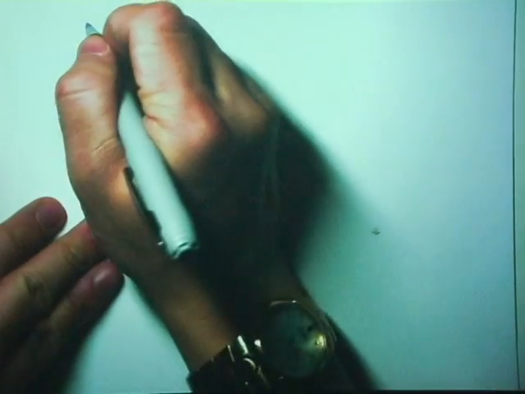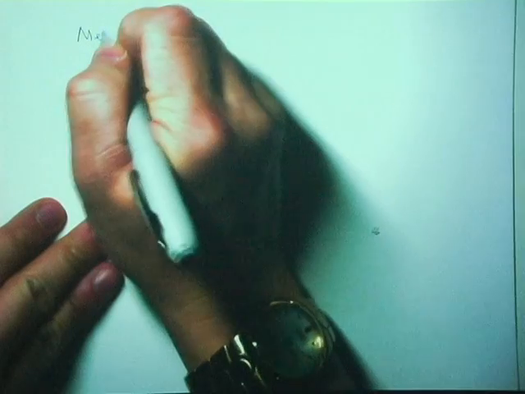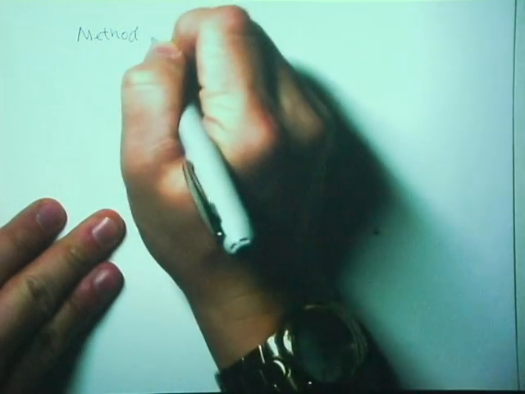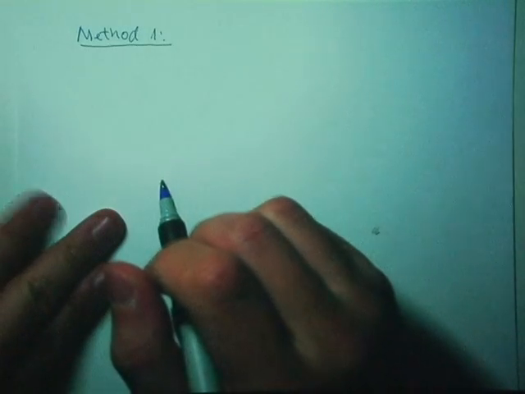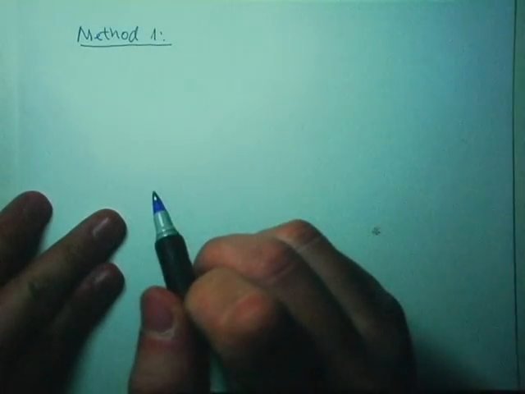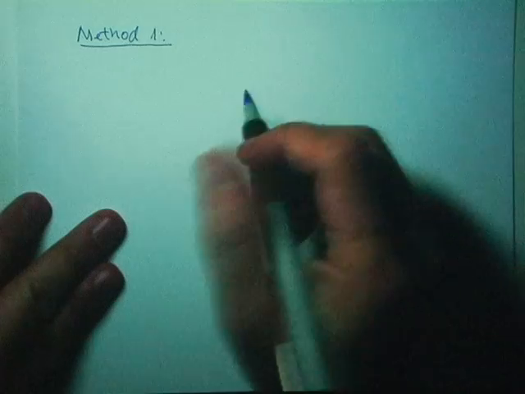The two common methods would be method number one. Method number one is a little bit limited. However, it can be quite fascinating to use sometimes, so it's worth mentioning.